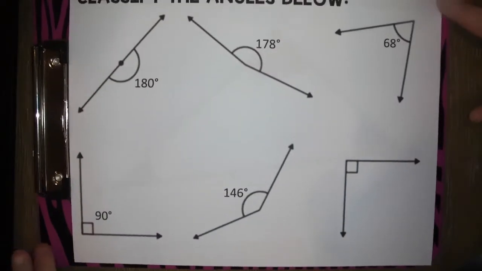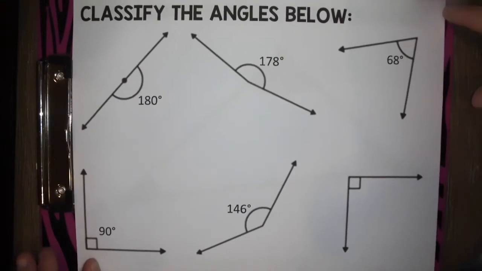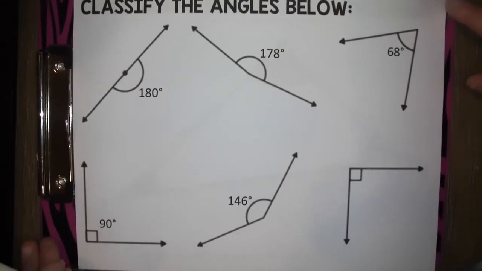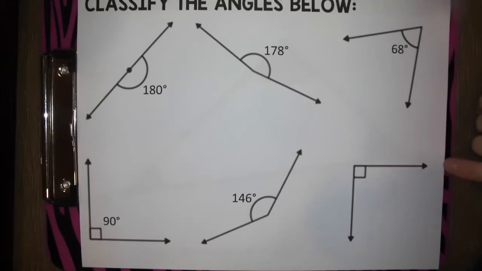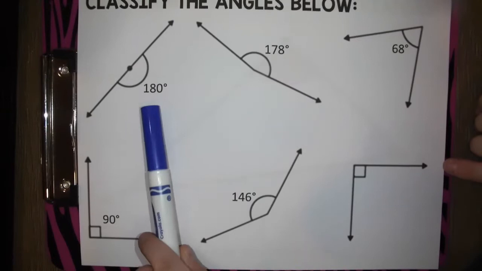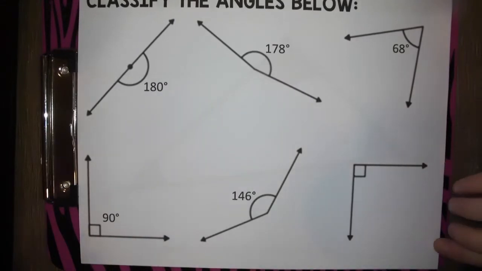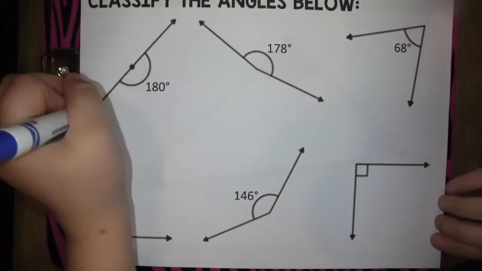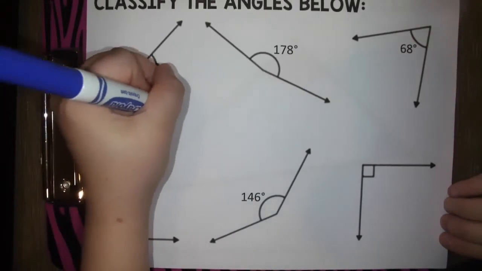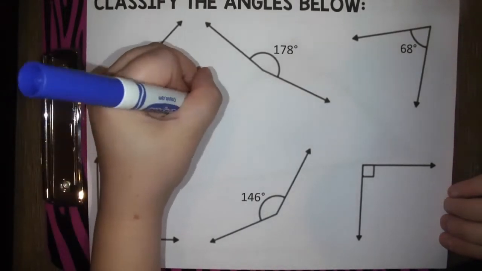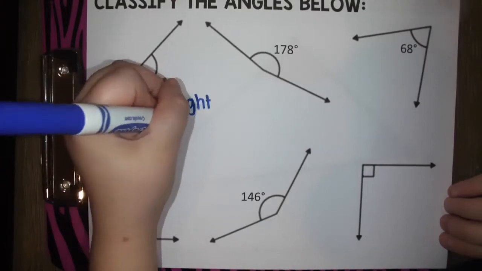So we have 6 measurements listed for us, and we need to classify these based on the size of the measurements. Feel free to pause this video if you want to do this solo, but I'm just going to go through and name each of these based on their size. My first degree measure is 180 degrees, and I know that if an angle is equal to 180 degrees, we classify it as a straight line or a straight angle, and I'm going to name it as such.